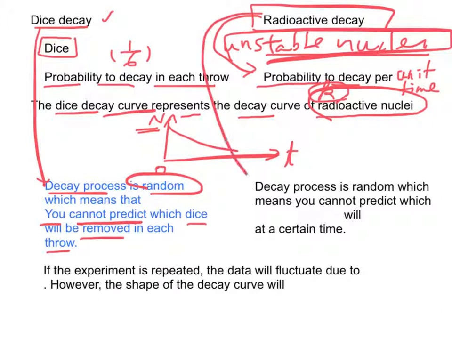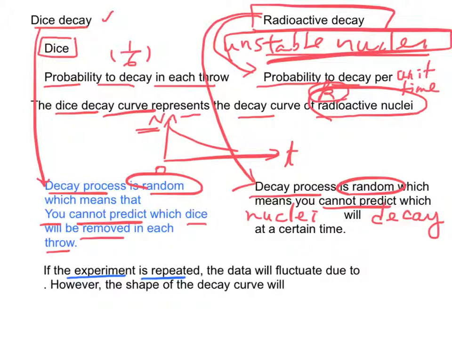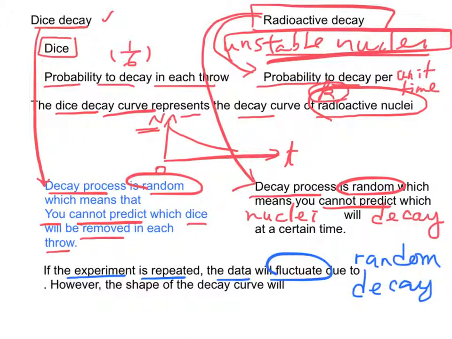For radioactive decay, similarly, we say the decay process is random, which means that you cannot predict which nuclei will decay at a certain time. If the experiment is repeated, the data will fluctuate due to random decay. However, the shape of the decay curve will remain the same.